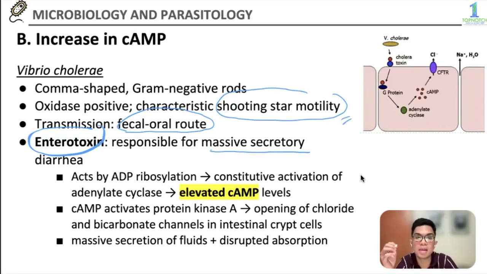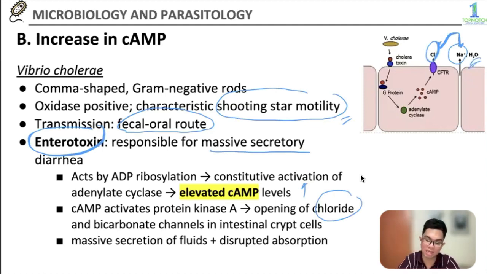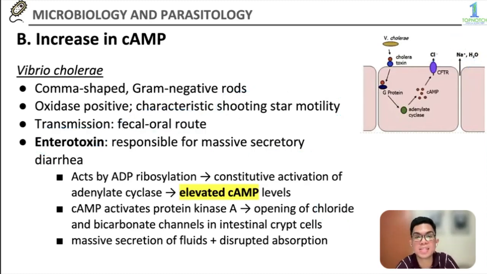It acts by ADP ribosylation, kaya constitutively activated yung adenylate cyclase, resulting in increased cyclic AMP. So mag-open yung mga chloride channels, and where chloride goes, para equal pa rin yung charge na zero, sodium follows. And where sodium goes, water also follows. Kaya there's massive secretory diarrhea. Kaya yung buzzword niya rin is your rice water stools, di ba?